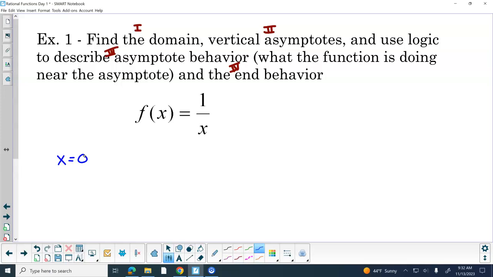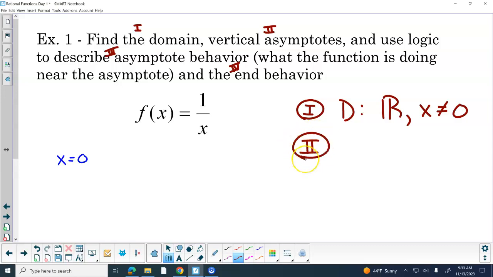So my first answer is the domain of my function is all real numbers, but x cannot equal 0. Which means the second answer to this problem, what is my vertical asymptote? x equals 0 is my vertical asymptote. Okay? With me so far?